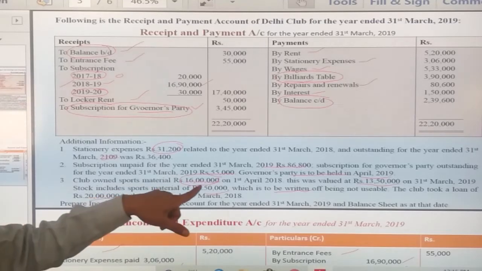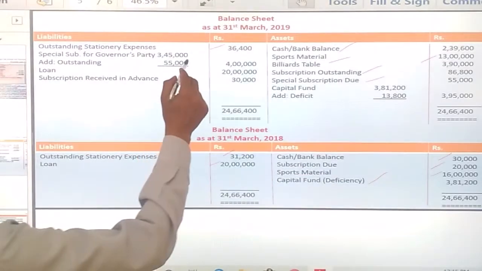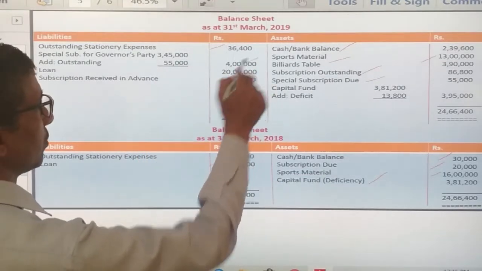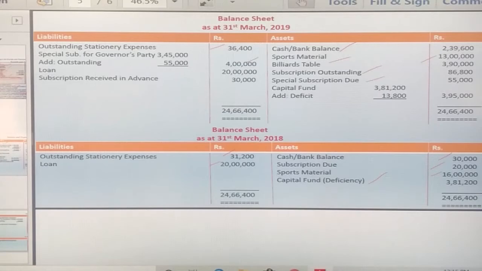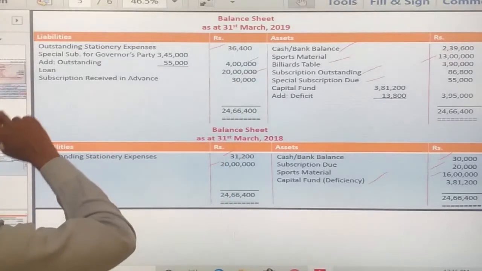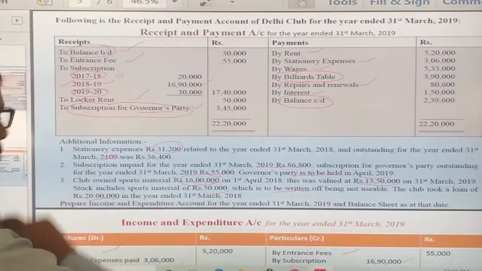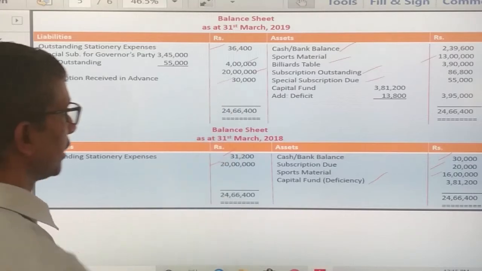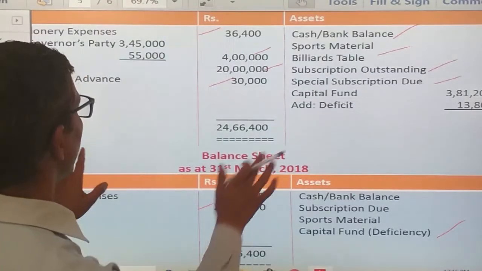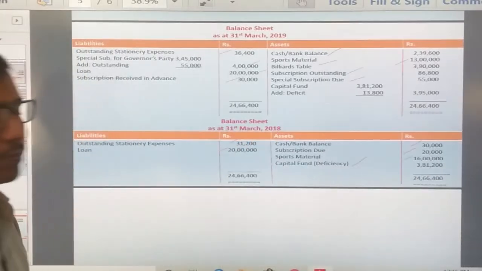In this, add the 55,000 outstanding, so 3,45,000 plus 55,000 comes to 4 lakh. And then loan is given 20 lakh, and subscription received in advance is given here, 30,000. So that also we have to show here, and in this way this will be the closing balance sheet.